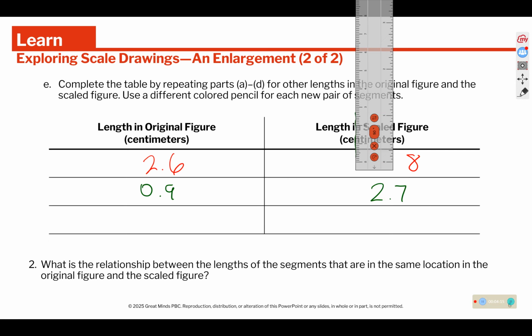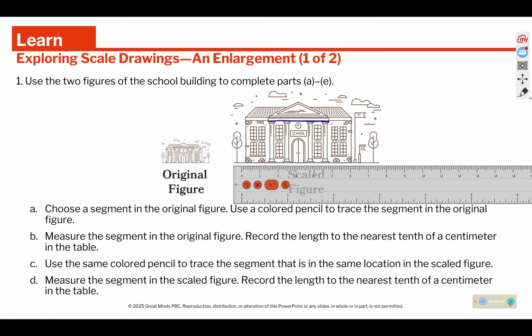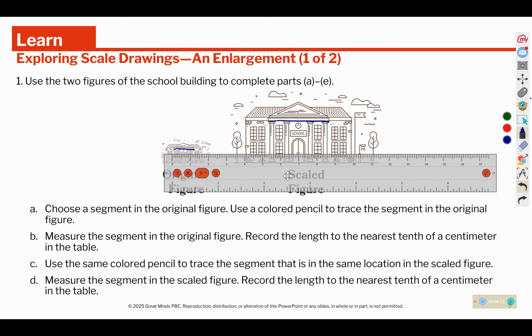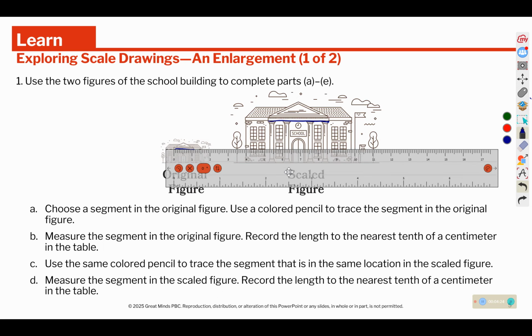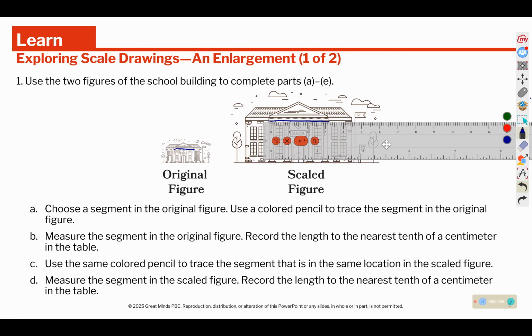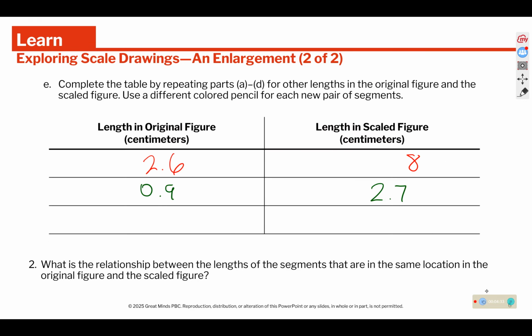And then we need to repeat that for another section. For example, we can use the piece of the roof. The original is about 1.1 and the scaled version is about 3.3. What is the relationship between the lengths of the segments that are in the same location in the original figure and the scaled figure?